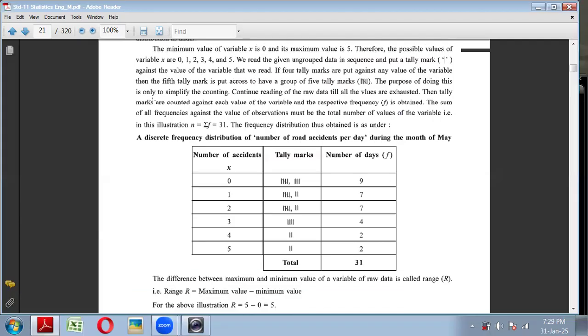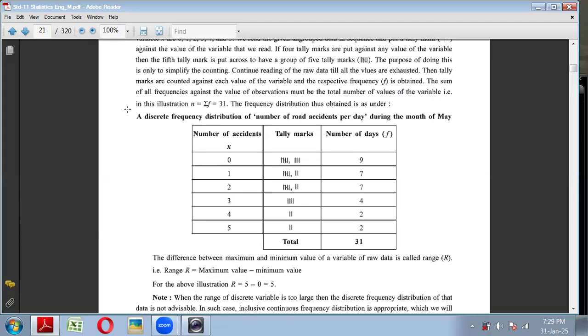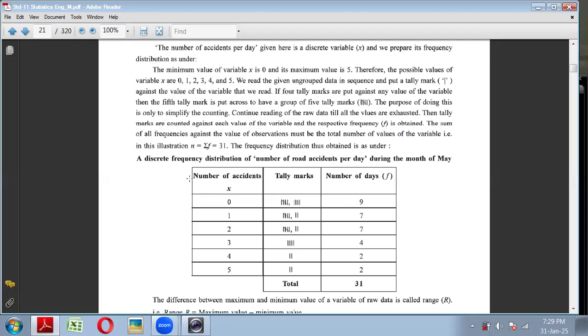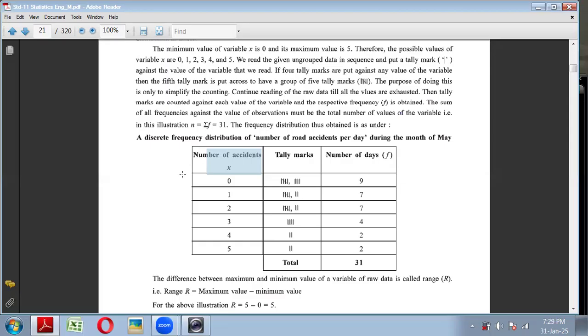Like this, right? Number of accidents, just look at the table right now. We are going to solve it. How we are going to solve, I will tell you. Number of accidents, that is represented by x.